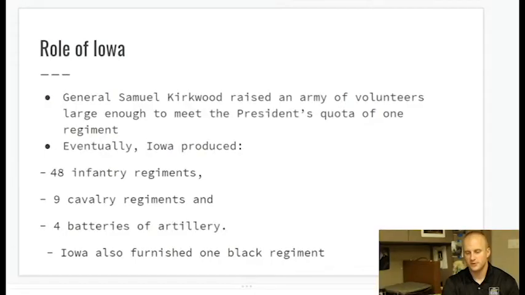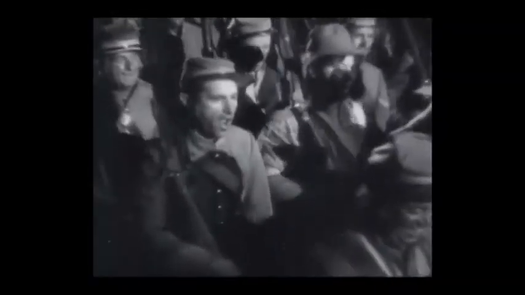When it comes to the role of Iowa specifically, an important person to mention would be General Samuel Kirkwood. Where does that name sound familiar? For some of you who are juniors going to be seniors, you may be looking at this as an academic option for the future. It's Kirkwood College, named in honor of General Samuel L. Kirkwood, who raised an army of volunteers large enough to meet the president's quota of 1 regiment.